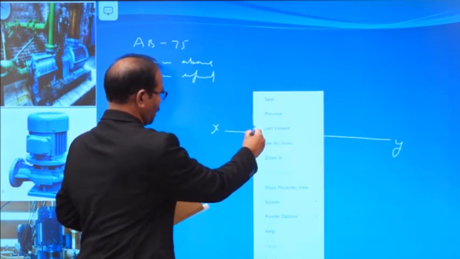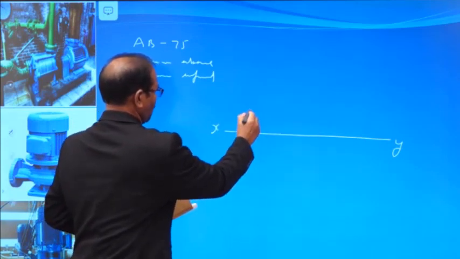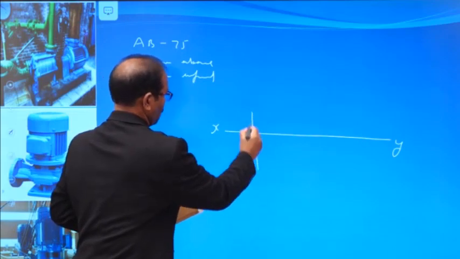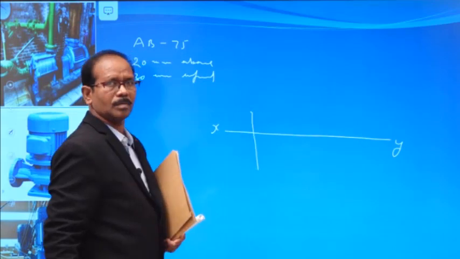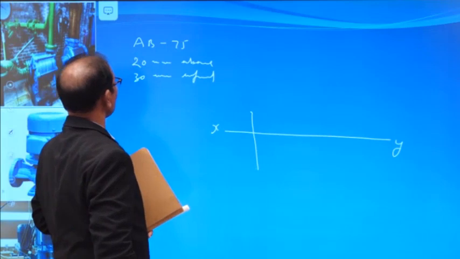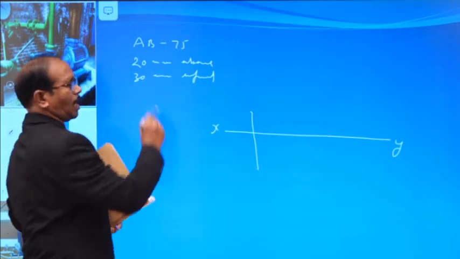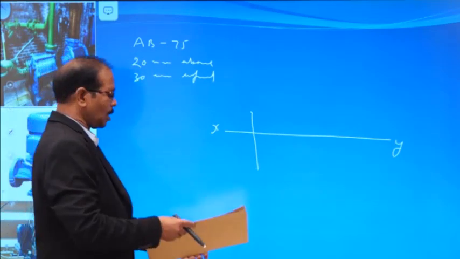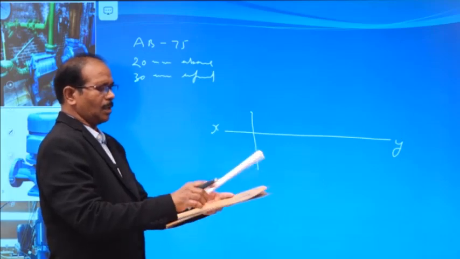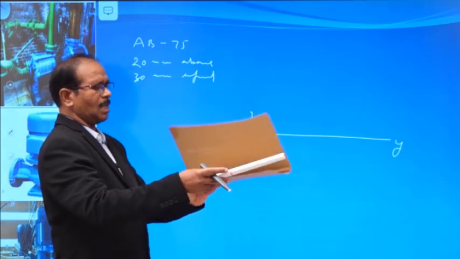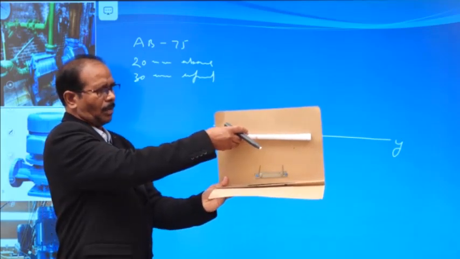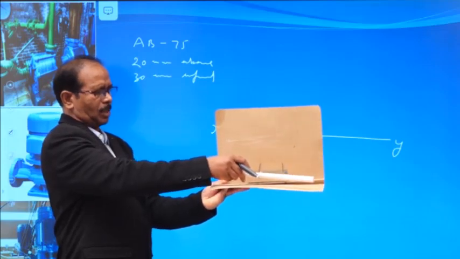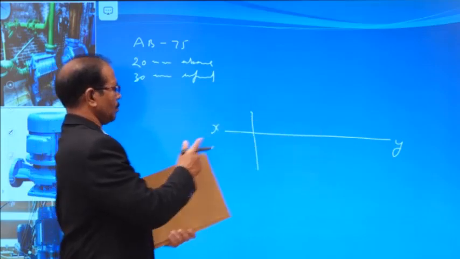Draw a line from here, 75 mm long. How is it? Parallel to both HP and VP. Parallel to VP, parallel to HP. Draw the line.